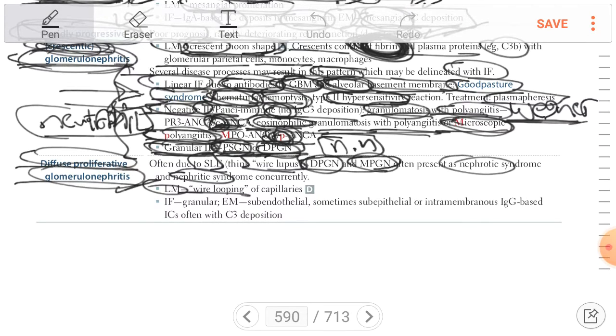Then the next one: the immunofluorescence is granular, as we spoke about. Diffuse proliferative glomerulonephritis, granular. Electron microscopy shows subendothelial deposits, and you must know this. The most important is the wire loop plus subendothelial deposits. Why?